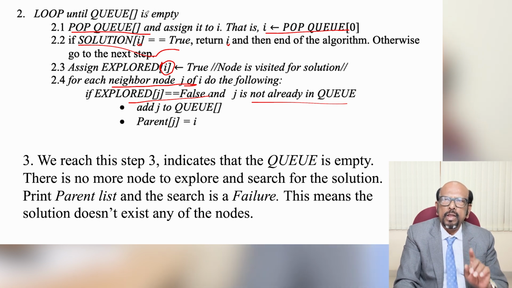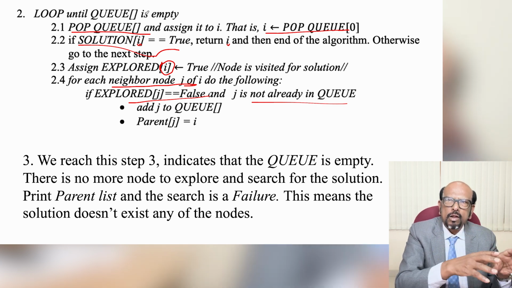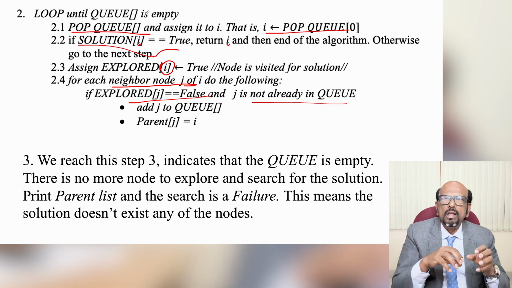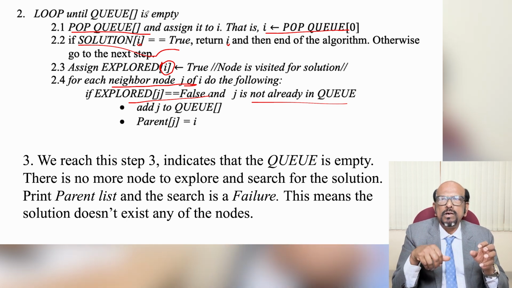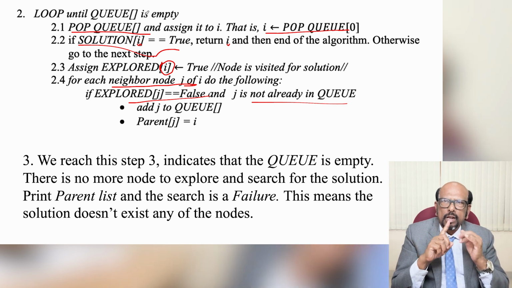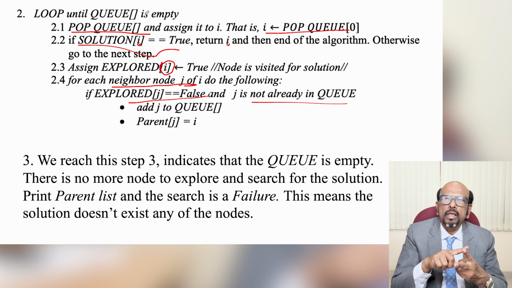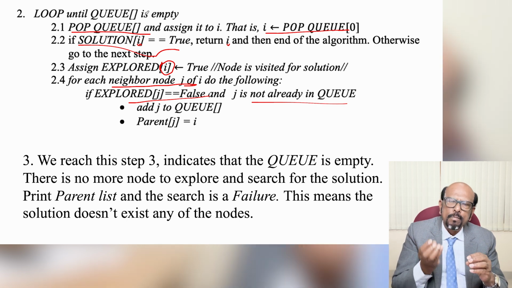Until empty, we will have to repeat it. Pop, explore, check whether the solution is available. If not, you add it to the explode set. Then you find out all the neighbors. Among all the neighbors, if any neighbor satisfies the 2 conditions, not explored and not already in the queue, put it in the queue.